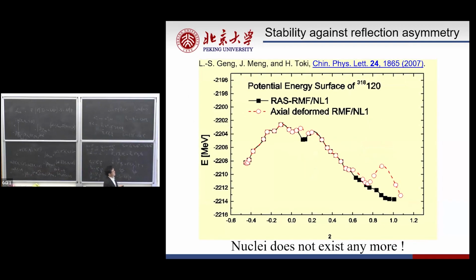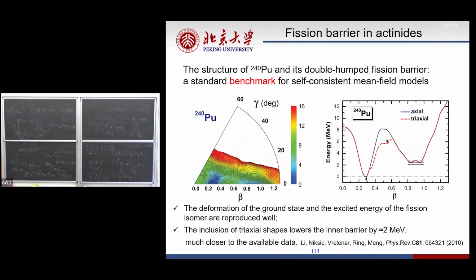And in this nucleus, you could see after including the reflection asymmetry breaking, this minimum doesn't exist anymore, but still we have a chance that this kind of superheavy nucleus could still exist.